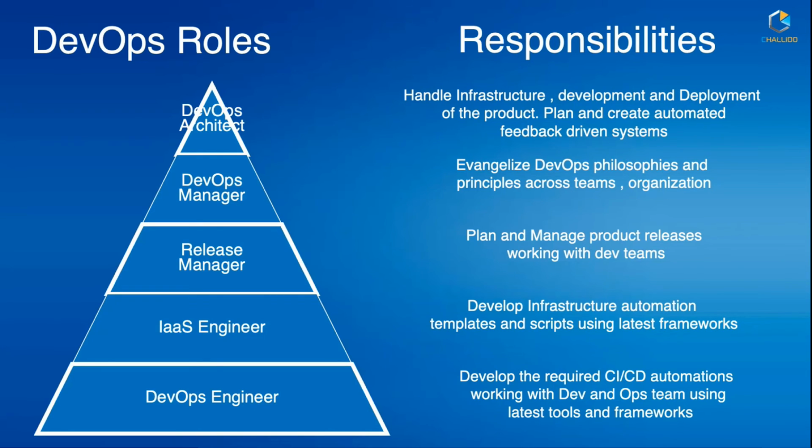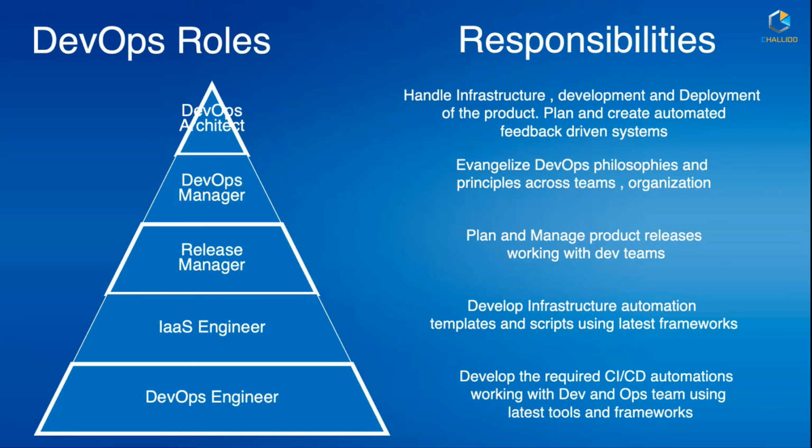An architect is somebody who, generally, one of either the DevOps engineers will move on to the architect role, where you'll be an expert in setting up the whole DevOps setup, the infrastructure for the DevOps, and planning the overall architecture of the DevOps based on the tech stack, the application type.